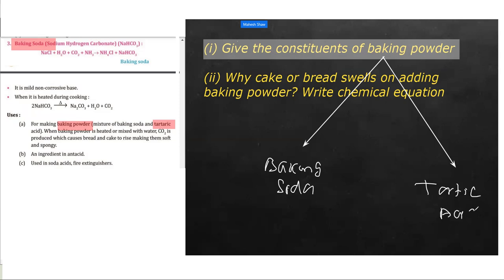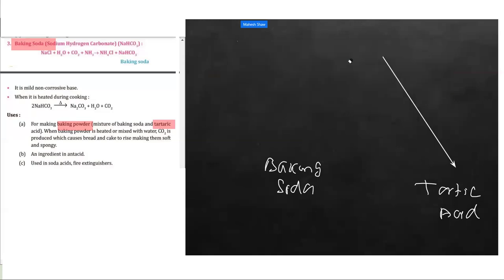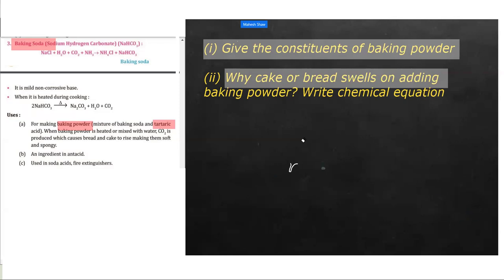Now, in the next part, the question is why the cake or bread swells on adding baking soda. For that, you have to mention this reaction. Let me once again write down the reaction. Everything got wiped out. Yes, here I'll write it. So baking soda, its chemical formula will remain the same, that is NaHCO3.